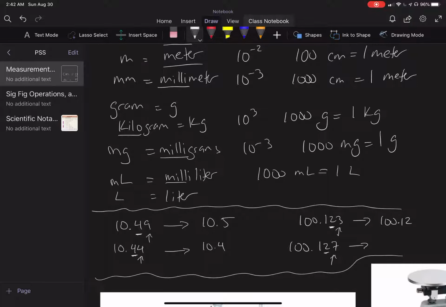It's greater than 5, so 100.13. And then one last example, let's say we had 0.055 and we wanted to round this to the hundredths place. If it is 5, that means it's going to round up. So we'd round this to 0.06.